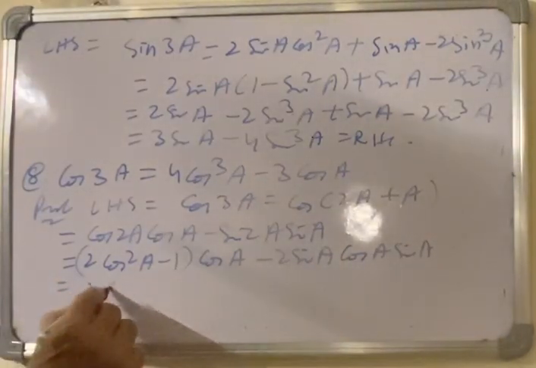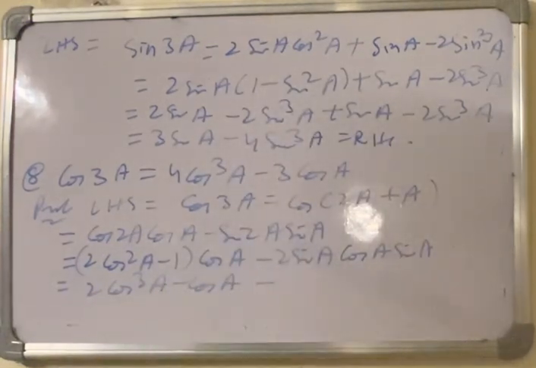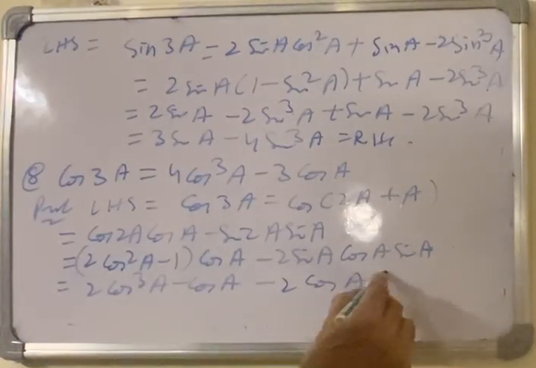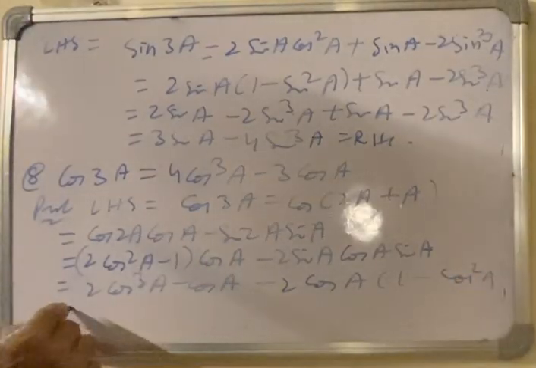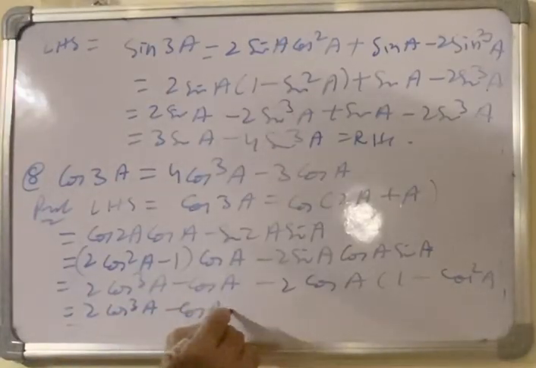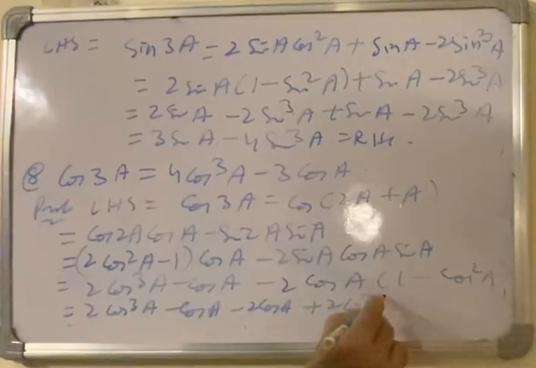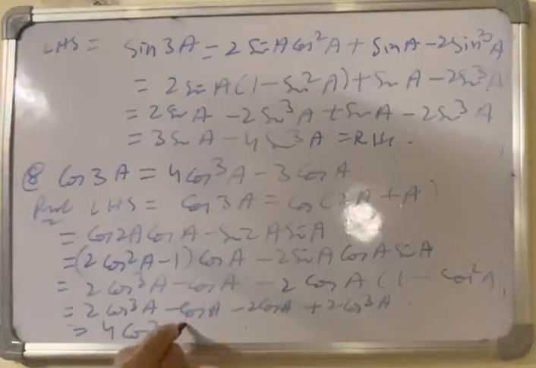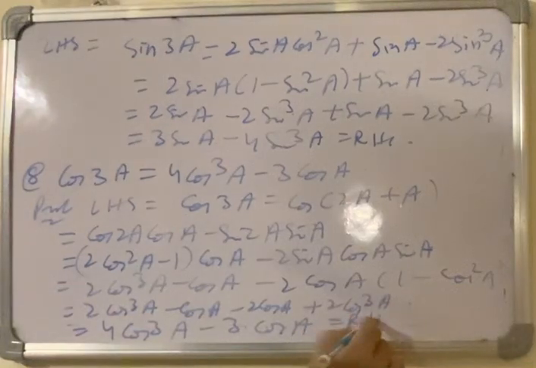This is 2 cos cube a minus cos a minus, we put value of sin square a, 2 cos a into 1 minus cos square a. So this will give you 2 cos cube a minus cos a minus 2 cos a plus 2 cos cube a. This is equal to 4 cos cube a minus 3 cos a, which is right hand side.